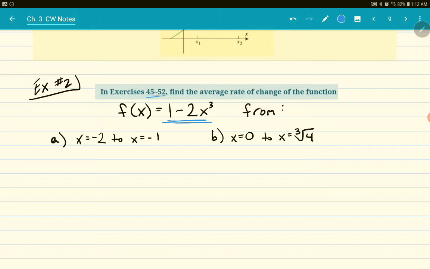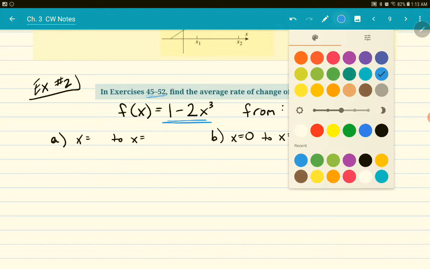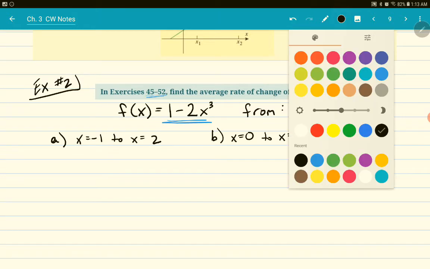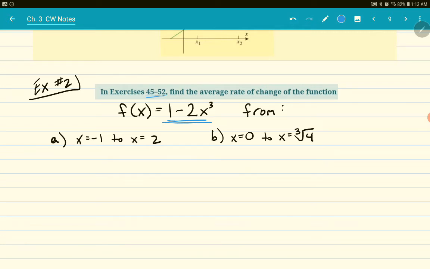And I want to find the rate of change going from -1 to +2. My formula from above says I do f of 2 minus f of -1 over 2 minus -1.